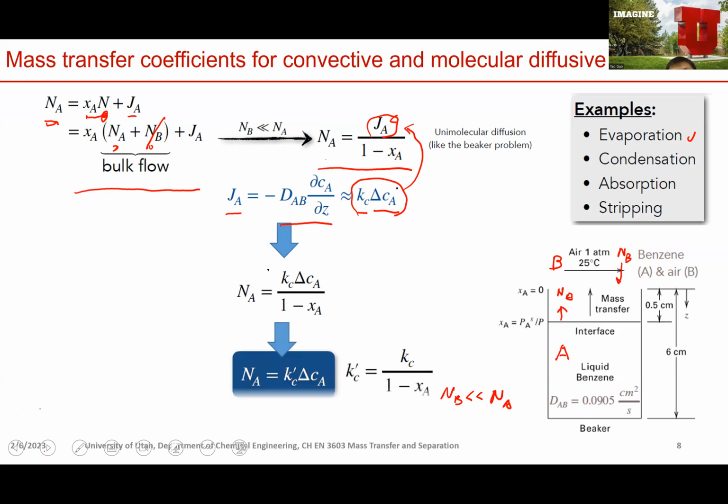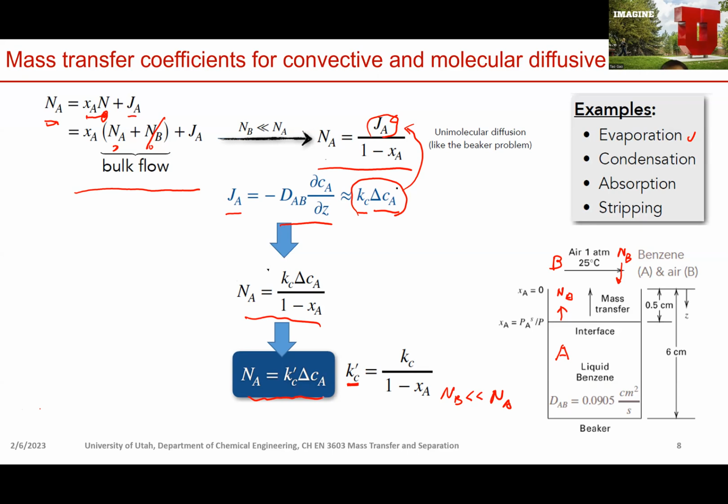Now if we define Kc prime as Kc divided by 1 minus XA, this is like a modified mass transfer coefficient. Then we can change this equation to a functional form similar to the previous equation, in which we solve for the diffusive flux using the mass transfer coefficient.